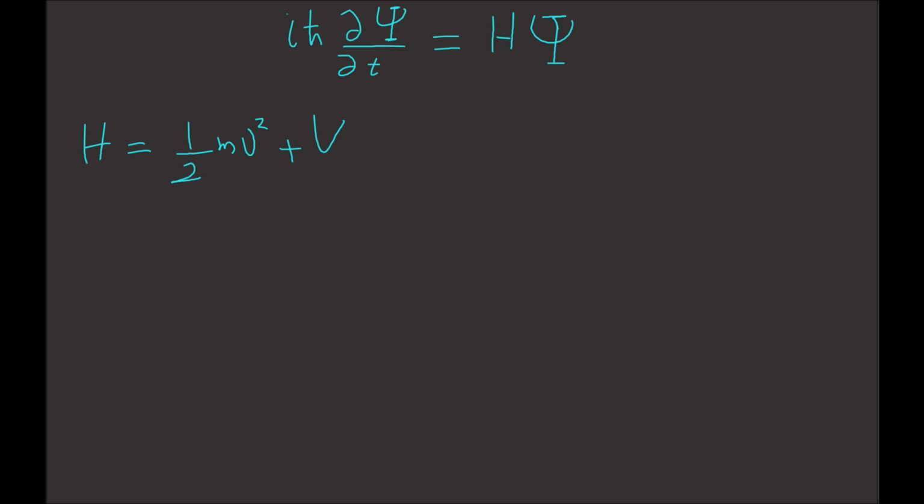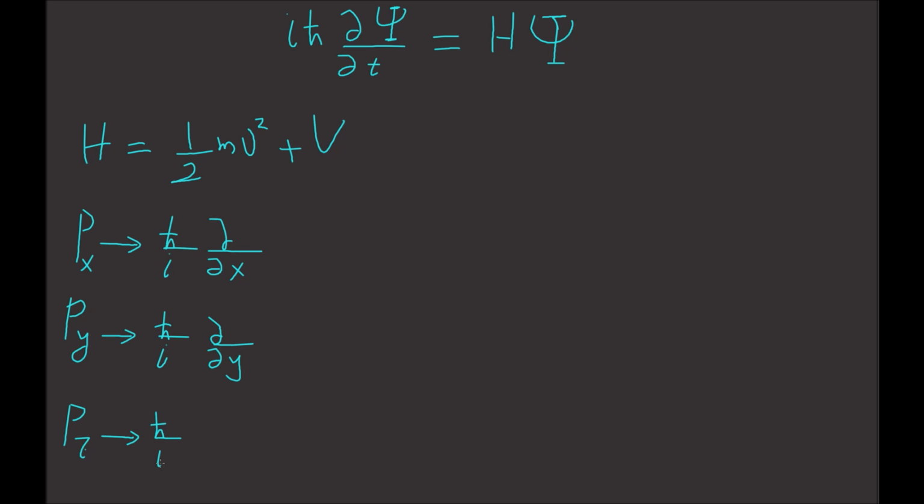So if we define a few variables, let's define p of x as h bar over i times the partial derivative with respect to x, p of y in the same manner but in the y axis, and p of z is h bar over i times the partial derivative with respect to the z axis.